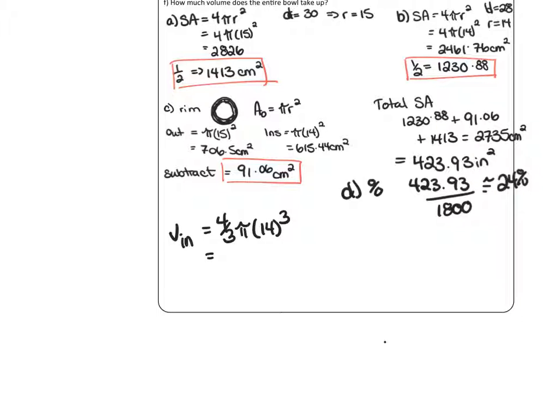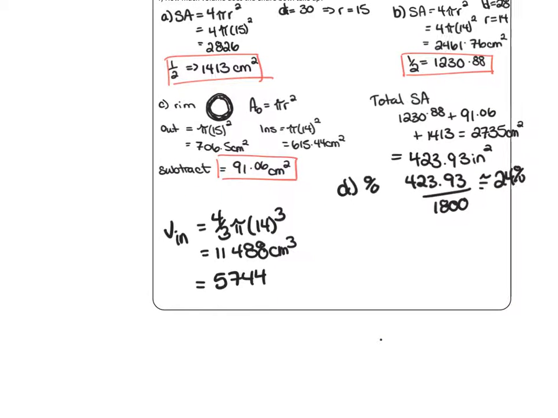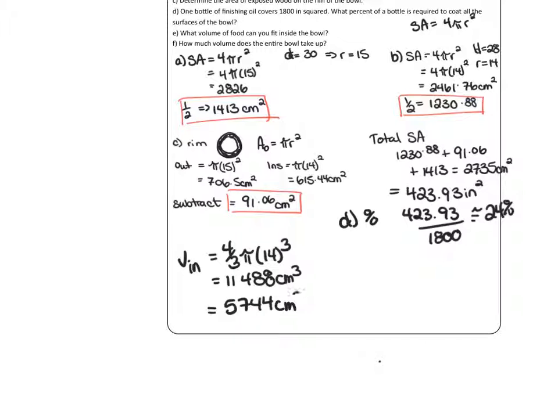So when we calculate it, you should get 11,488 centimeters cubed, but that's the full sphere, so divide by 2. And we get 5,744 centimeters cubed. So that's the inside of the bowl.